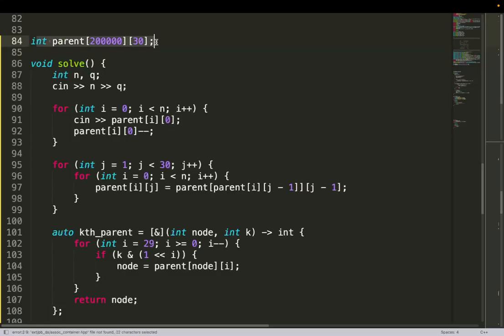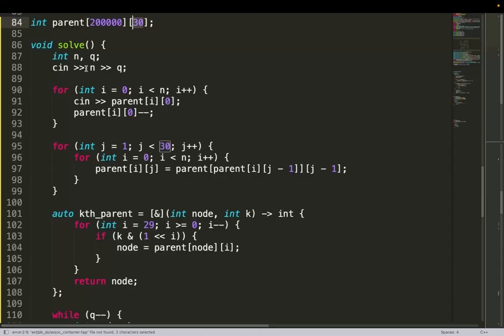So I've computed a global parent array, where the number of nodes can go up to 2 into 10 power 5, and I am storing parents till 30, 0 to 29 basically. Taking nodes and queries as input, taking the input of the 0th parent for a particular node. The input tells us which node the particular node is getting teleported to. So that teleported node becomes the 2 power 0th parent for that particular node I, right?